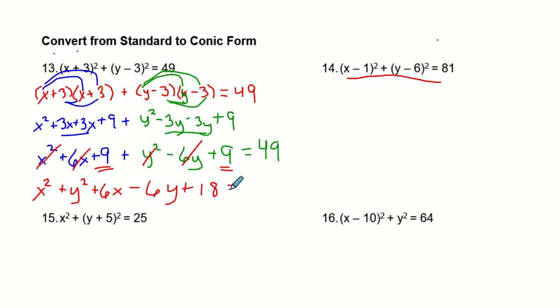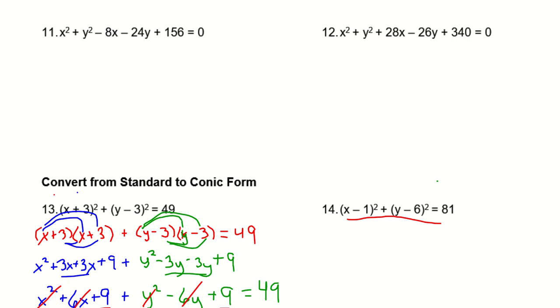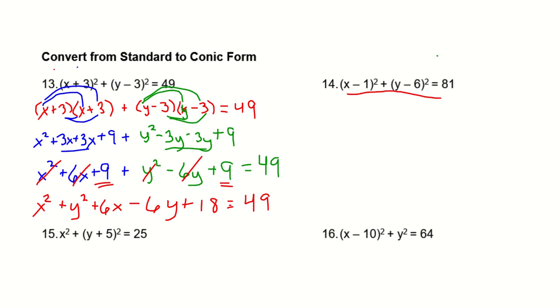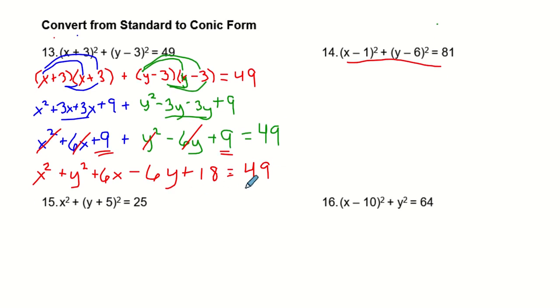Equals 49. But, very important, when it is in conic form, you may notice, if I go back up here, they're all equal to 0. So what we have to do, once we get to this point, is move that 49 by subtracting it. So subtract 49.